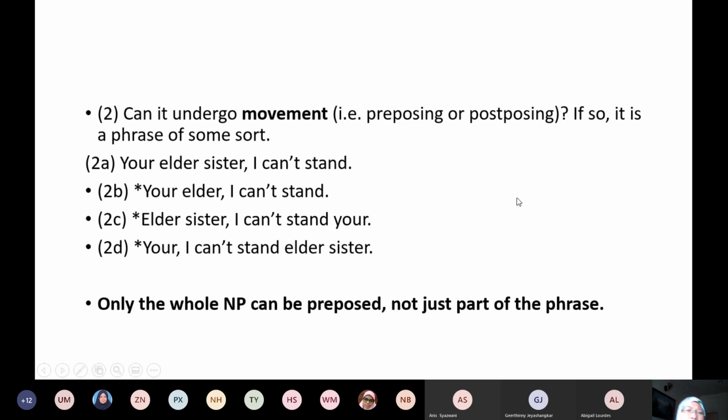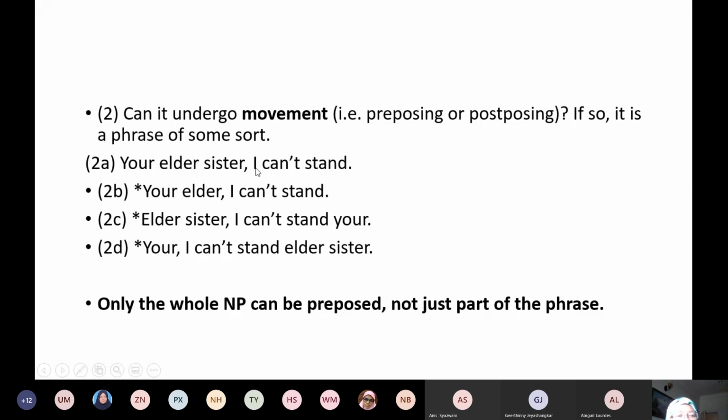Can it undergo movement? So some movement ni, we can either do a pre-post. Pre-post means you bring it to the front, or post-post. Post-post is you bring it to the back. So you look at the sentence, your elder sister I can't stand.